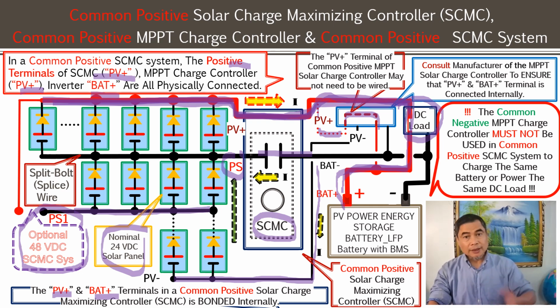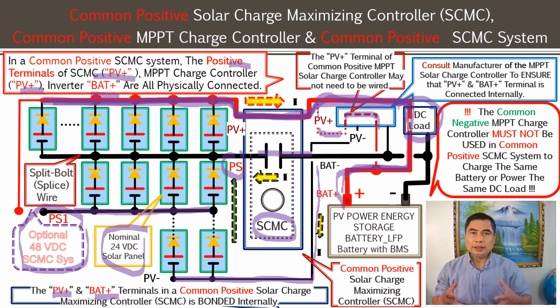First, when the MPPT solar charge controller is not powered, you check the continuity inside the charge controller between PV positive and battery positive. If you have continuity there, that means this is a common positive design. A second way would be checking the voltage.